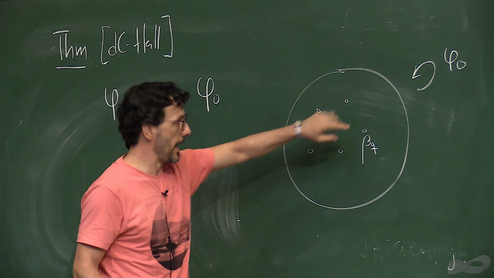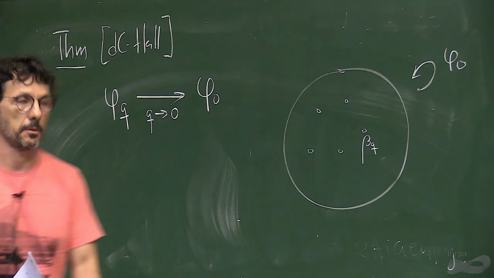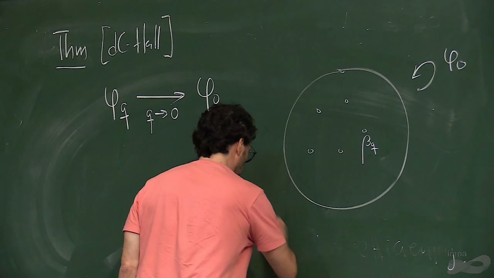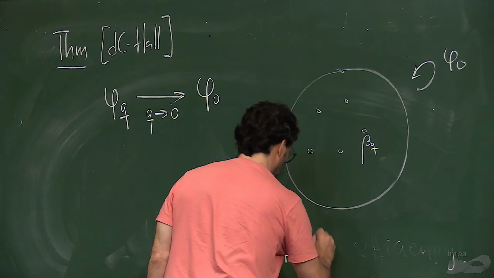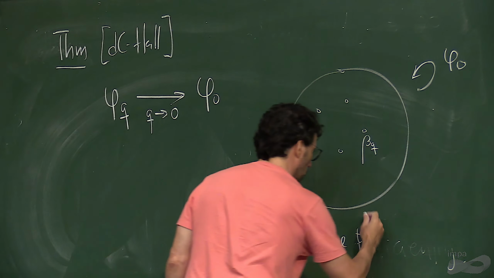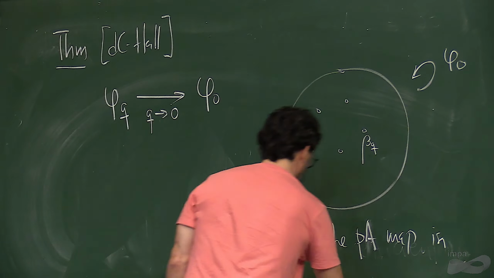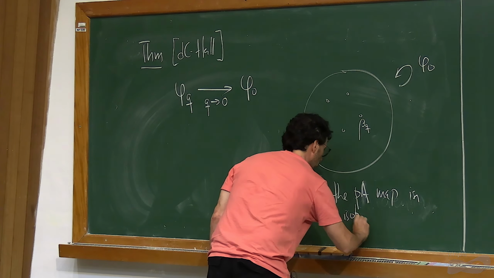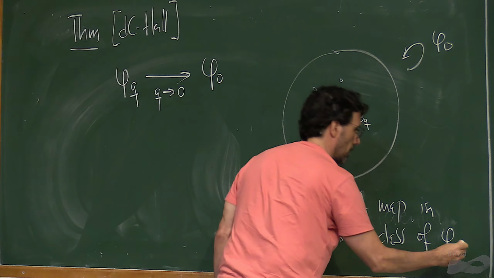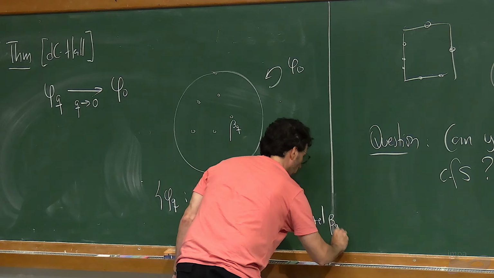Any one of these orbits that you take out produces some pseudo-Anosov map, and you collect these in the family phi q, the pseudo-Anosov map in the isotopy class of phi naught rel beta q.